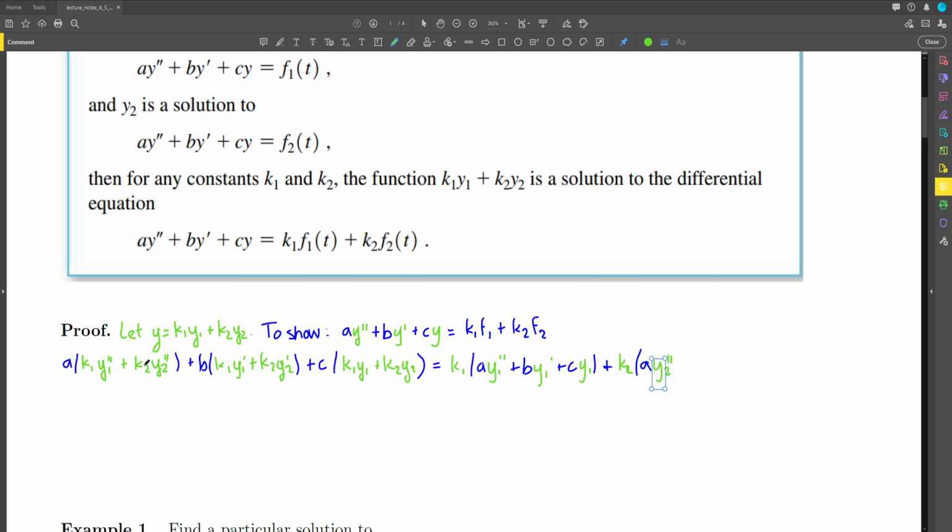That's a k2 y2 double prime, factor out the k2, and I'm left with a times y2 double prime. And then plus b times y2 prime. And then plus c times y2.